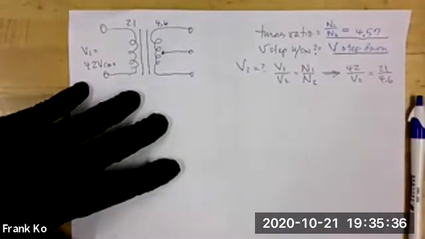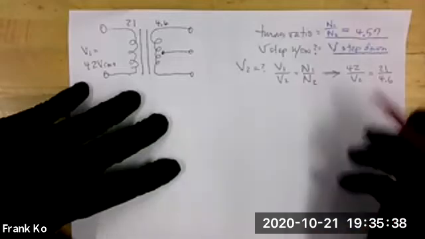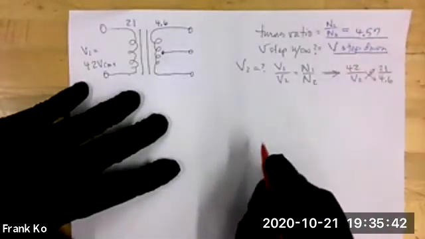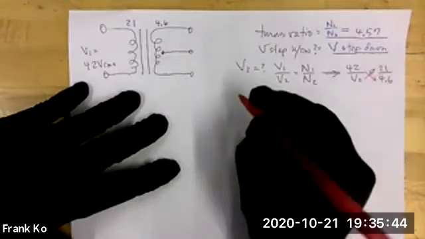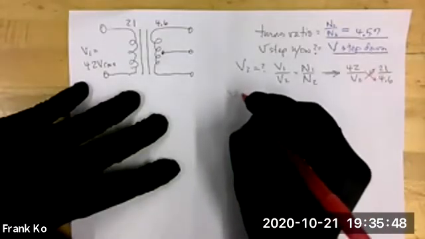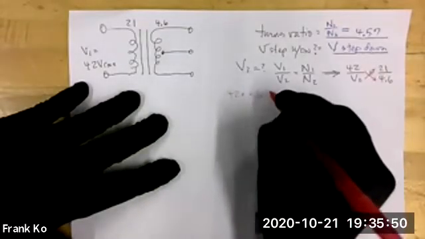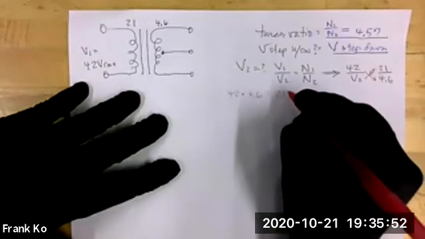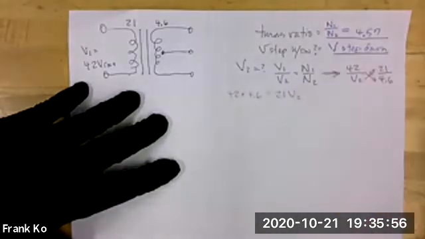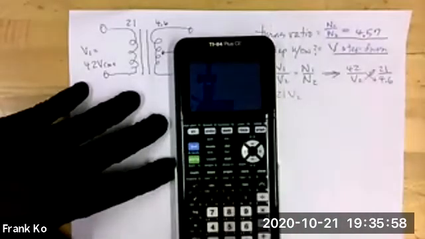Then the process is for us to cross multiply. When you cross multiply, you end up with 42 times 4.6 is equal to 21 V2. So let's take the 42 and multiply by 4.6.